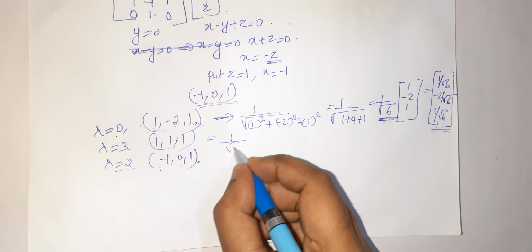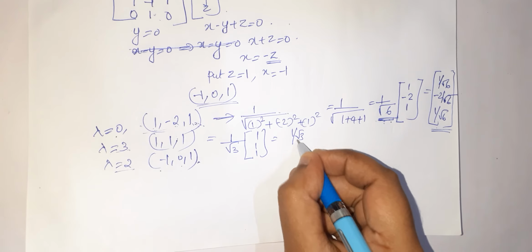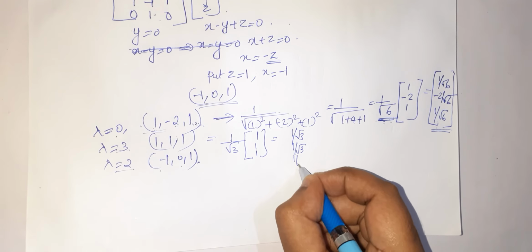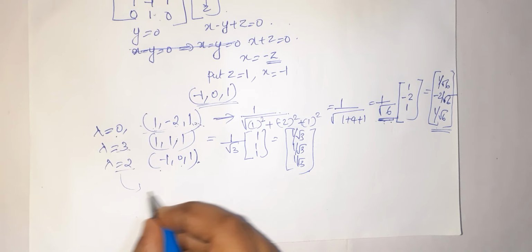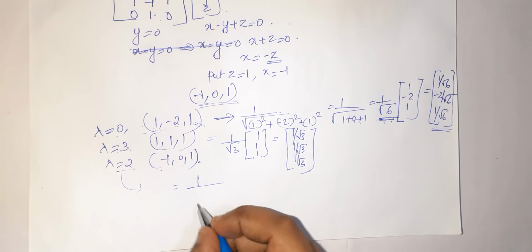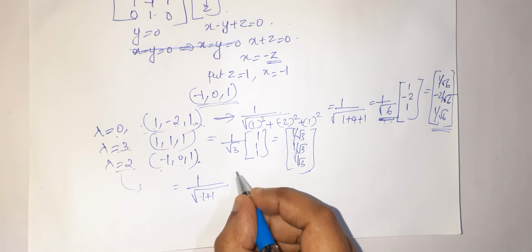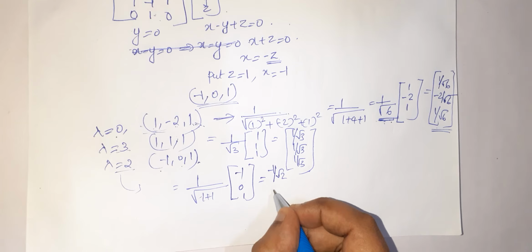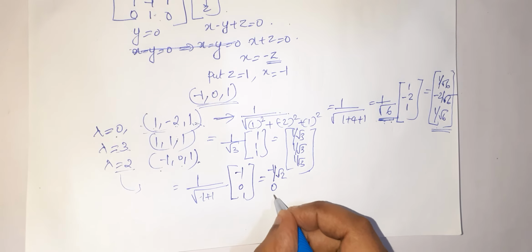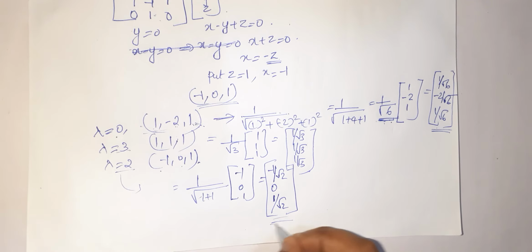This will be 1 by root 3 into, therefore 1 by root 3, and for lambda equal to 2, okay, these are the unit eigenvector matrices.